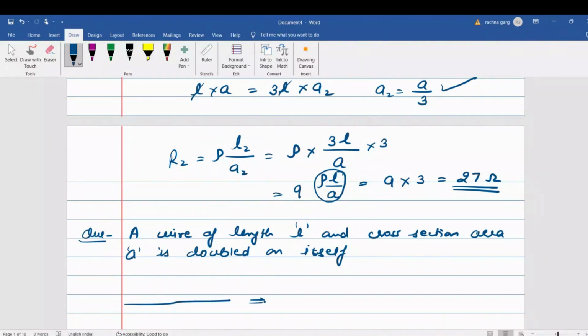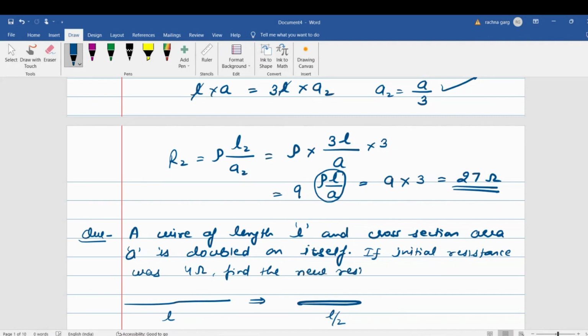Previously it was like this, and now I have made it like this. So length has become, this is L, this is L by 2. You got it? If initial resistance was, you take 4 ohm, find the new resistance.